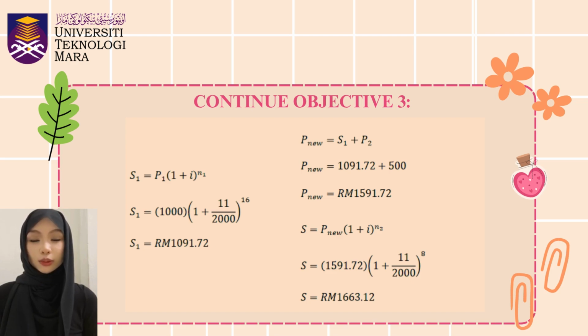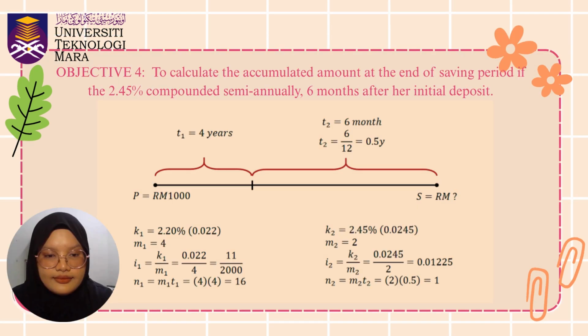P new equals RM1,591.72. S equals P new in bracket 1 plus I to the power of N2. S equals 1,591.72 in bracket 1 plus 11 over 2,000 to the power of 8. S equals RM1,663.12.